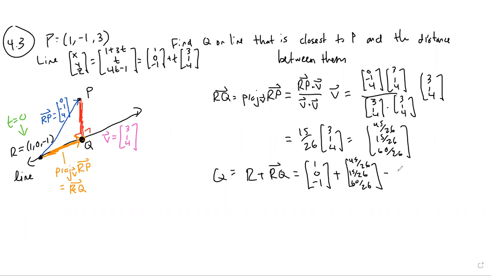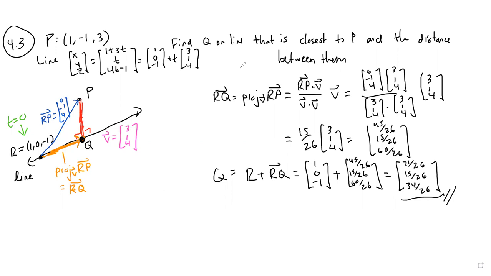Just be careful with your fractions, but we should be able to calculate all of these to give us 71 over 26, 15 over 26, and that should be 34 over 26 when we add those together. So that's where the Q is. That does answer the first question. I found Q.